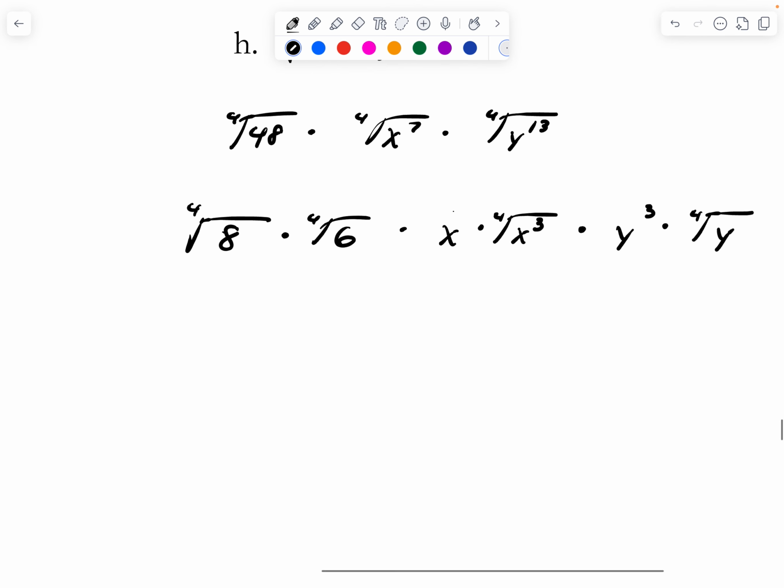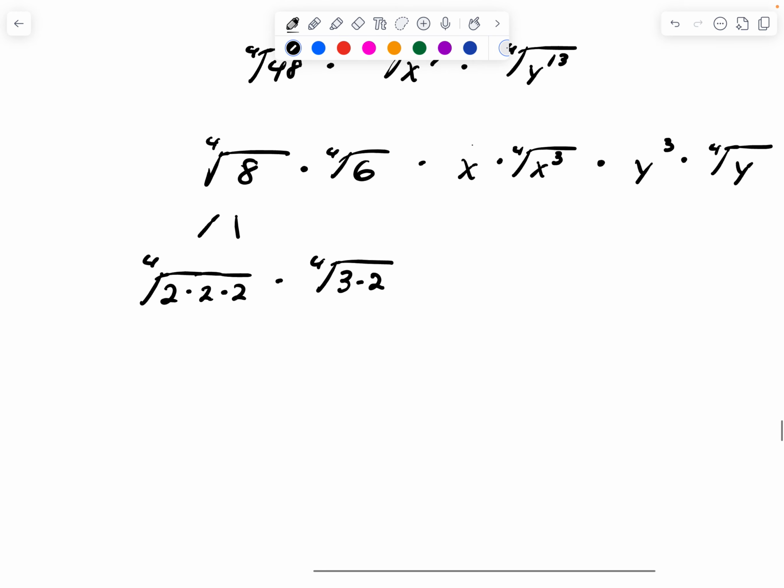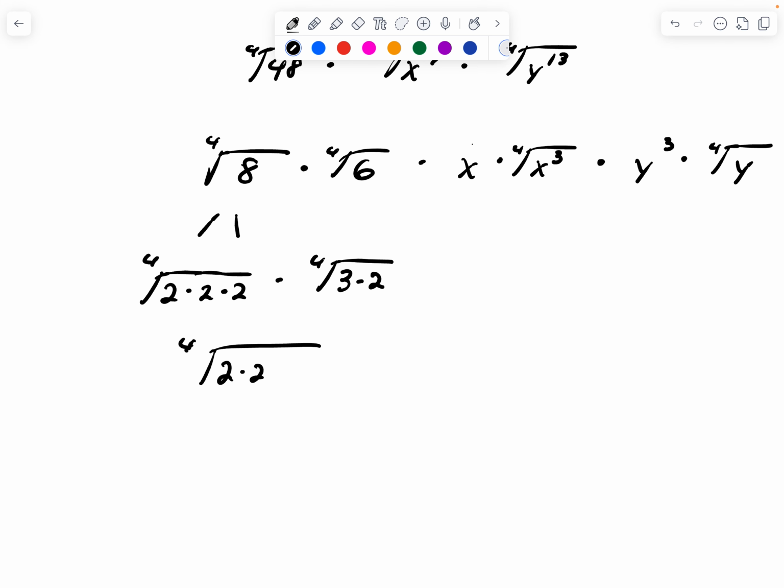I'm going to keep breaking down this one here to be the 4th root of 2 times 2 times 2. Hopefully you're okay with that. And this is 3 times 2. If I put them all together, 2 times 2 times 2 times 2 times 3, which is 48, you should notice that this index is 4.